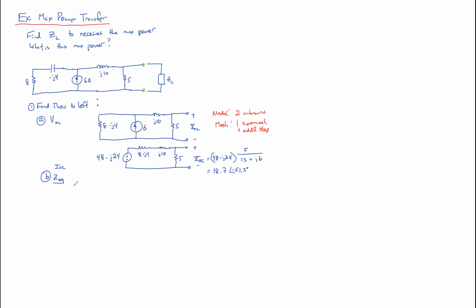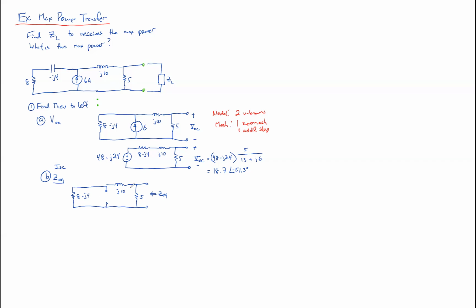So let's see how to do this. We want to find ZEQ, again, from our diagram up here. We zero all of our sources, and a 0 amp current source is just an open. Our goal is to find out what the equivalent impedance is looking into this.